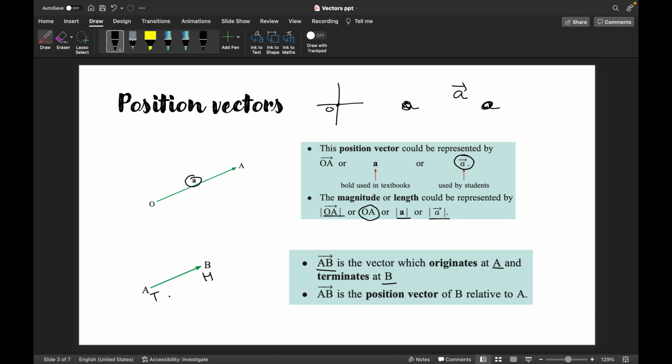And therefore it starts at A and ends at B. And AB is the position vector of B relative to A. Usually when we say position vectors, we mean with respect to the origin. But we can also write this statement, which would also be valid.